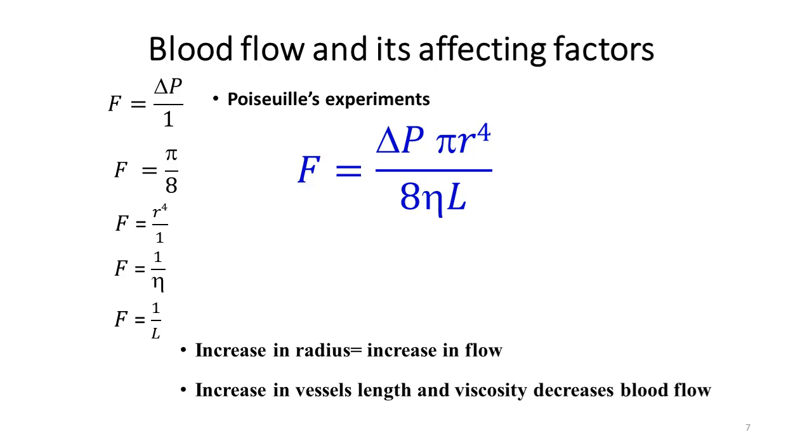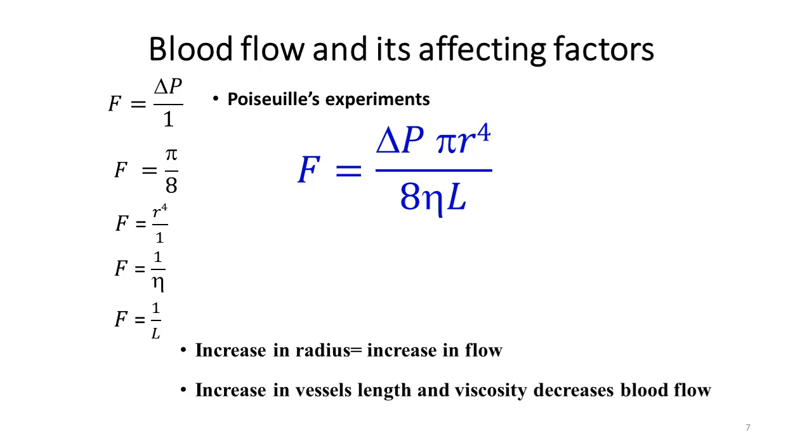Also, we can change vessel length. How can we change vessel length? The amount of vessels will decrease by reduction of weight. If our body weight decreases by 1 kilogram, the length of vessels decreases about 3 kilometers.